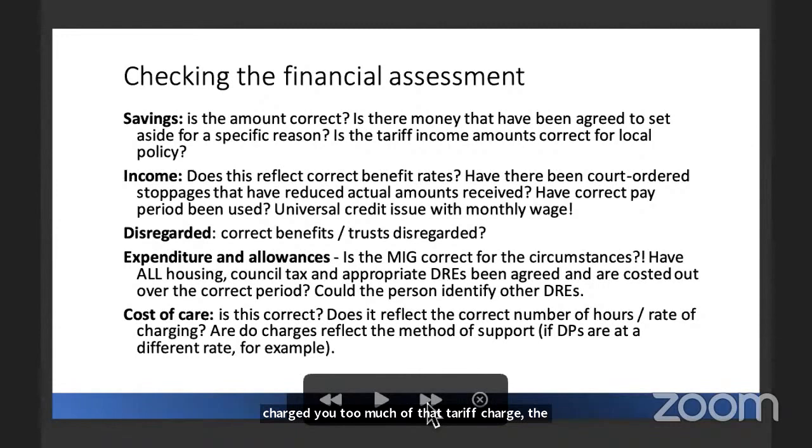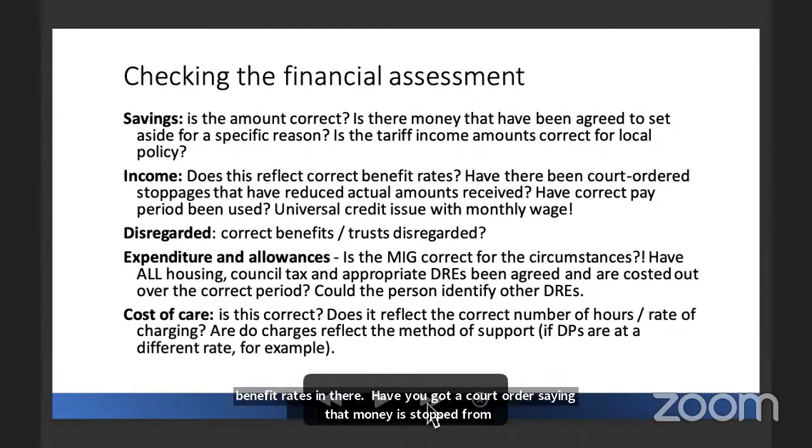Have they got the correct benefit rates in there? Have you got a court order saying that money's stopped from your benefits, so you don't actually get the full amount in? That has to be taken into account. You can only be charged what you're reasonably able to pay.